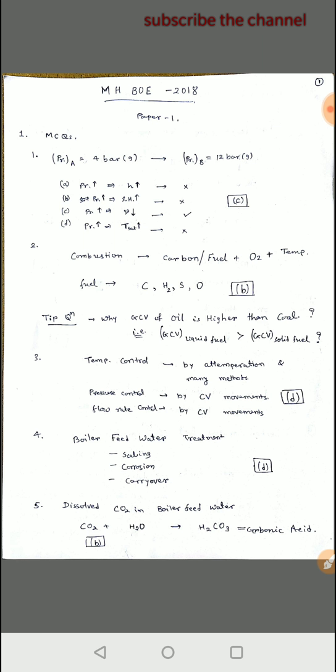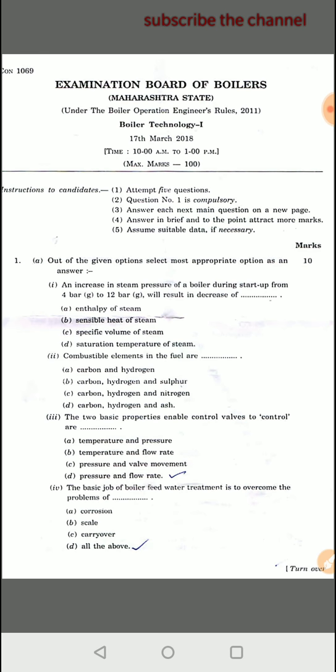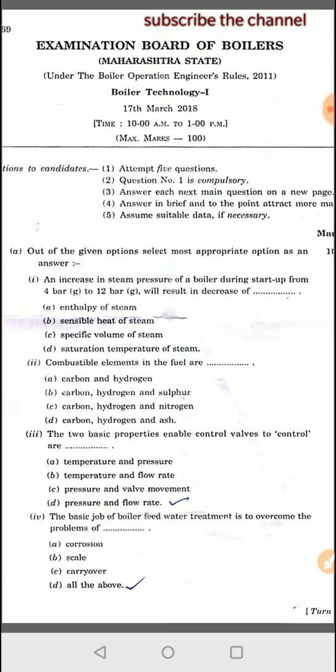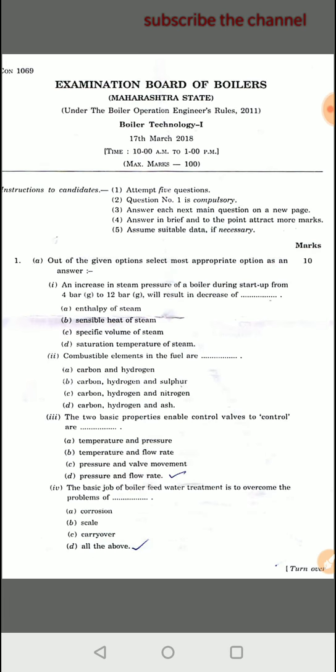Also, sulfur combining with oxygen, the sulfur oxidation process, is also an exothermic reaction, and it is a combustible element. So B, carbon, hydrogen, sulfur, is the answer.